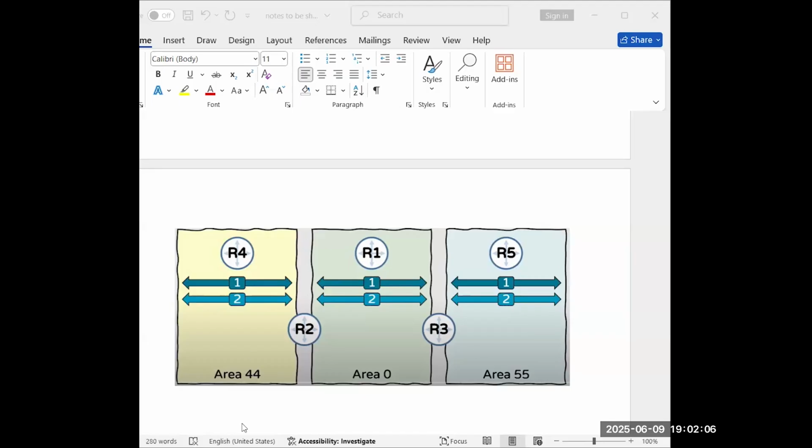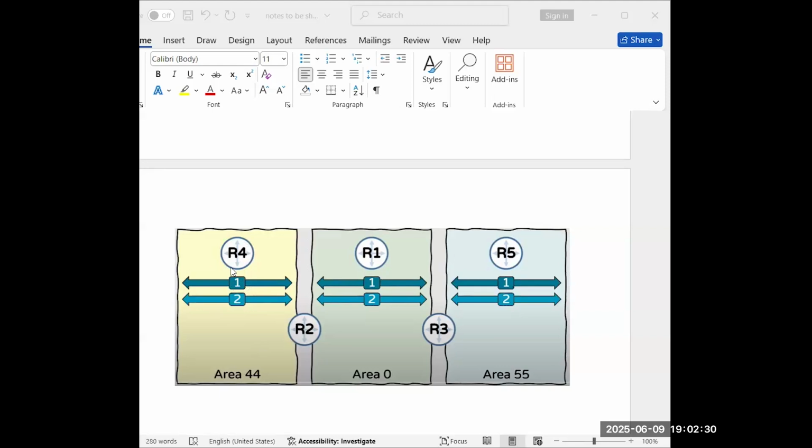So in area 44, R4 is going to send a type 2 LSA packet to R2, and R2 in turn is going to send a type 2 LSA packet to R4. They are going to exchange information in type 1 and type 2 only.